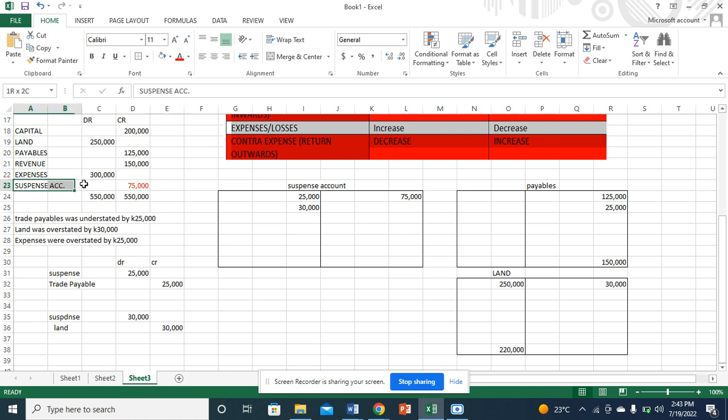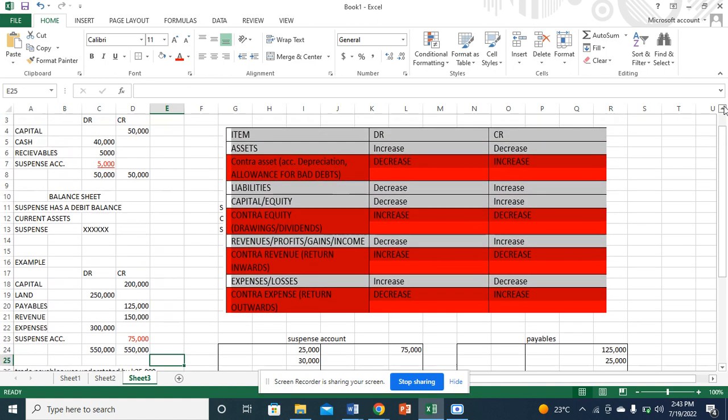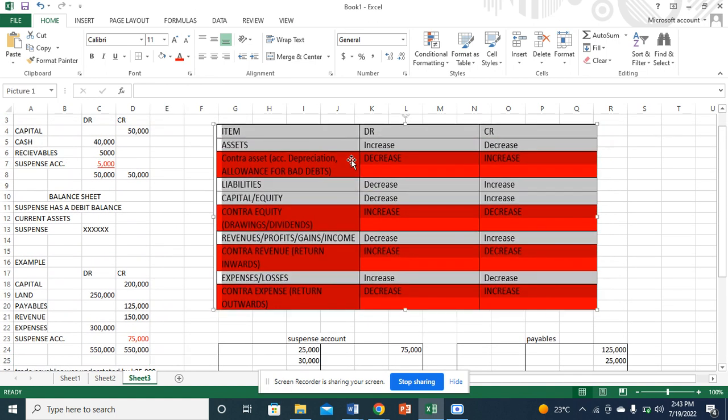This suspense account is just here to temporarily balance this trial balance until we fix these errors. So with these errors, you have to remember the journal entry, the double entry rules, this table which I'm highlighting here, because these overstatements and understatements will rely heavily on the rules that apply to these accounts.